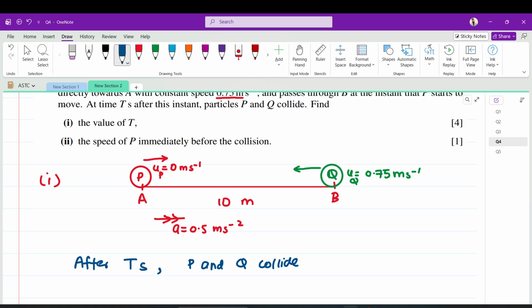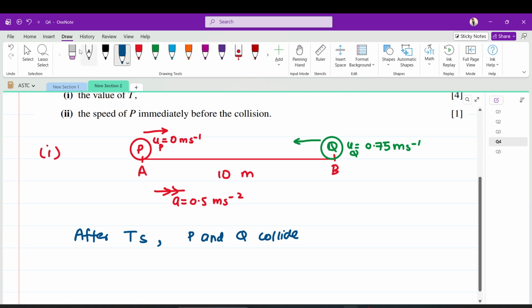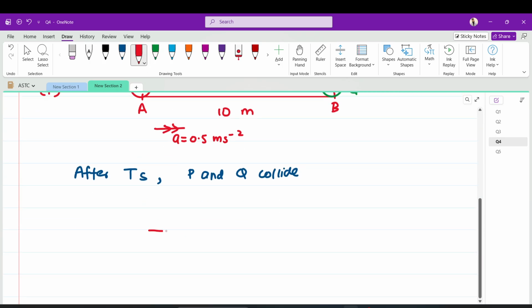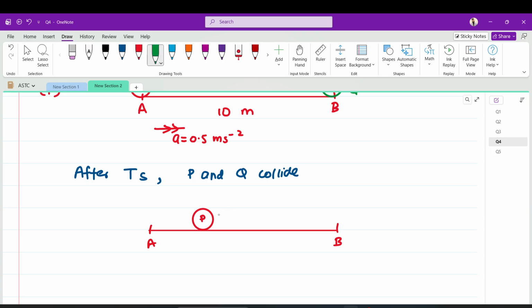If I draw this situation, this is A, this is B, and particle P is somewhere here and particle Q is somewhere here. The time at which this happens is t seconds, and we need to find what this time is.